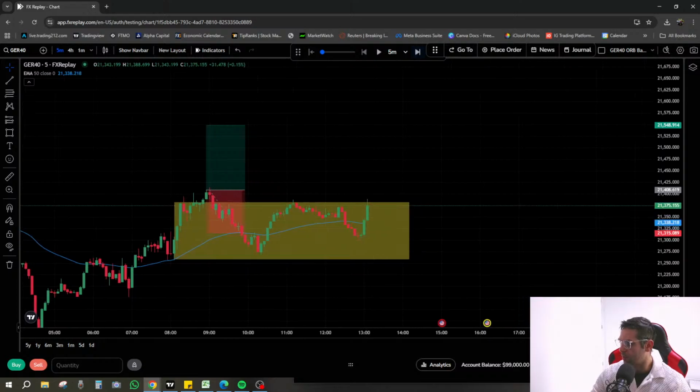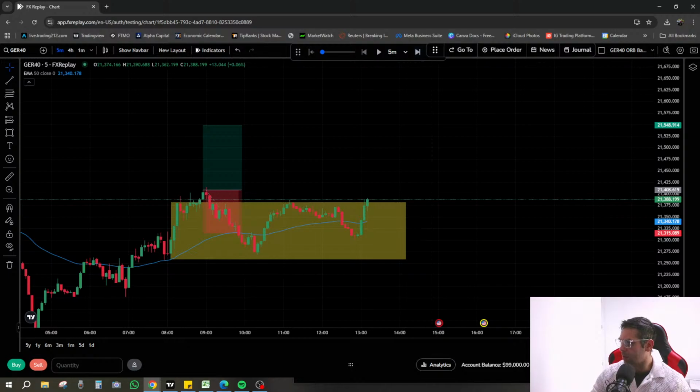I just want to try out the breakouts because I've not traded this before, so I've got no idea how it works, or if it works actually.